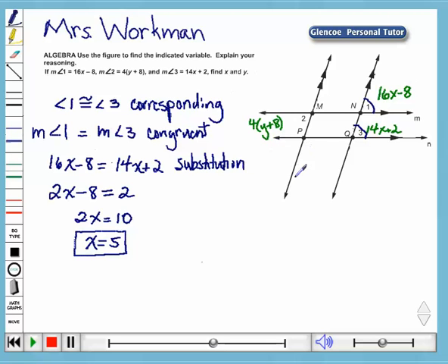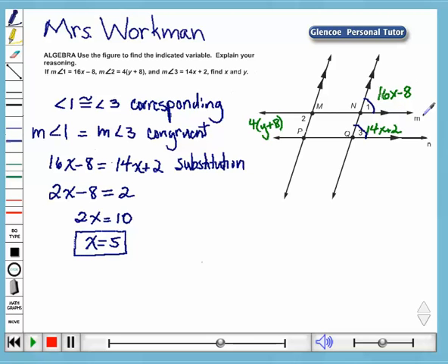This time, let's concentrate on these two parallel lines and line M as the transversal. Again, let's look at this pair of parallel lines cut by this transversal.